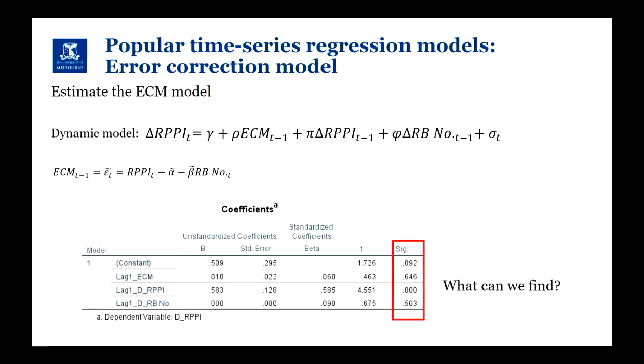Right? So why? In that case, we can say this is a very bad estimation, right? Because most of the coefficients are not significant. Even the constant, they are higher than 0.05. Because we have done all the necessary tests.